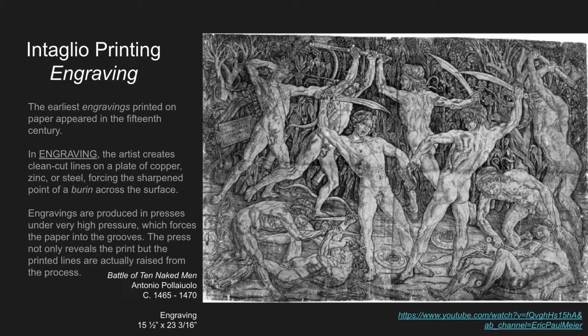The press only reveals the print, but the printed lines are actually raised from the process. All right, so there's nothing special going on here other than you're taking a tool and you're scratching a softer metal with that tool. Zinc or copper, usually. Steel, sometimes. Let's check out this link.